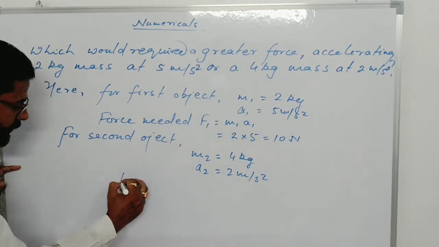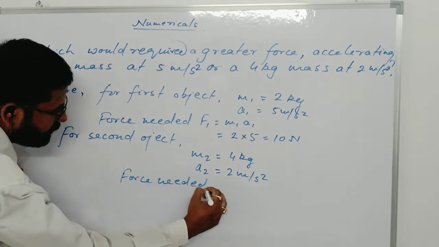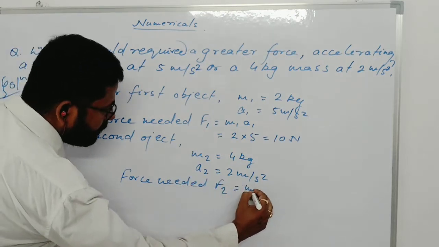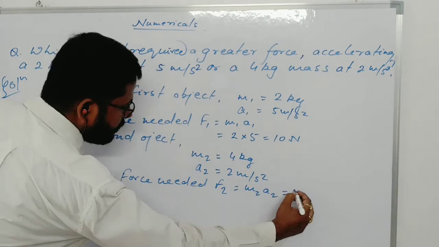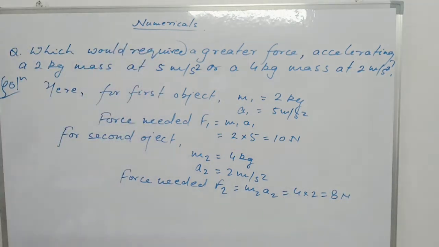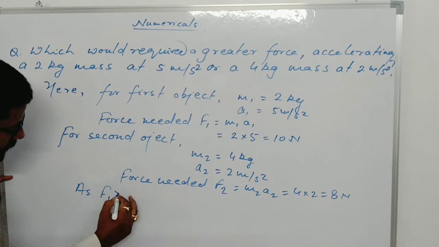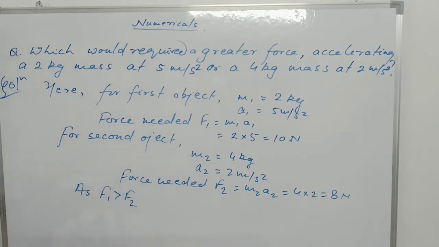Now the force needed for the second object, suppose f2, is equal to m2 a2, which is 4 into 2, equal to 8 newton. So what we see here is that f1 is greater than f2. Which one requires the greater force? f1 is the greater force.